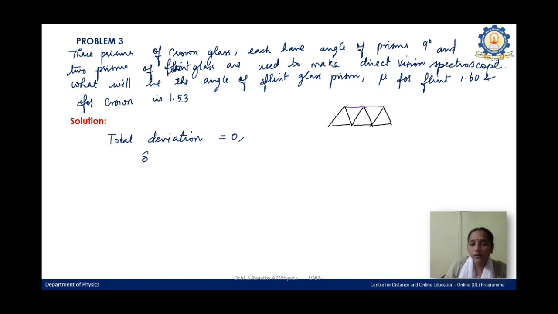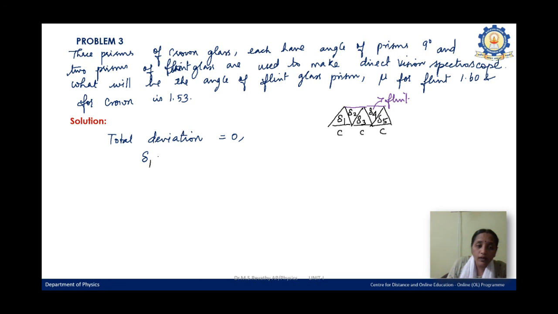Here this is flint, and at the bottom you have the crown. These are all crown glass prisms. Each prism will have its own deviation: this will be del 1, del 2, del 3, del 4, and del 5. Let us add all the deviations.